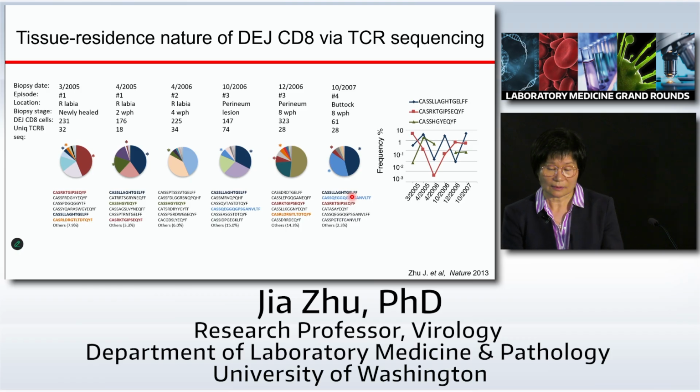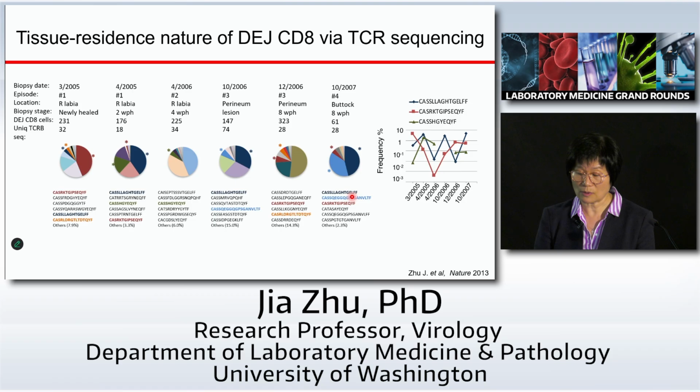We then also used T cell receptor sequencing and TCR repertoire analysis to demonstrate the tissue resident nature of these DEJ CD8 T cells. Among these 6 biopsies collected from the same individual over a 2.5-year period, they have 4 different shedding episodes, and from different locations, whether it's labia, perineal, or buttock, and also at different stages of reactivation and healing, from lesions all the way to 8 weeks post-healing.